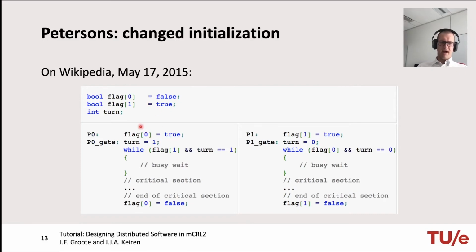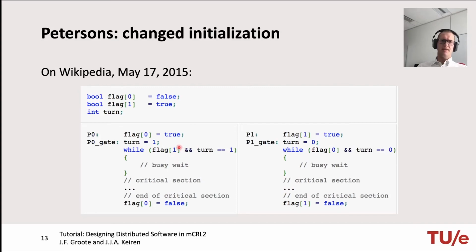So it sets the flag to true, it sets the turn to 1, and then it checks this condition. So remember, process 1 has not done anything. In particular, process 1 is not ready to enter its critical section. However, the turn is set to 1 because process 0 just set it to it. But because of the initialization, also the flag is true.